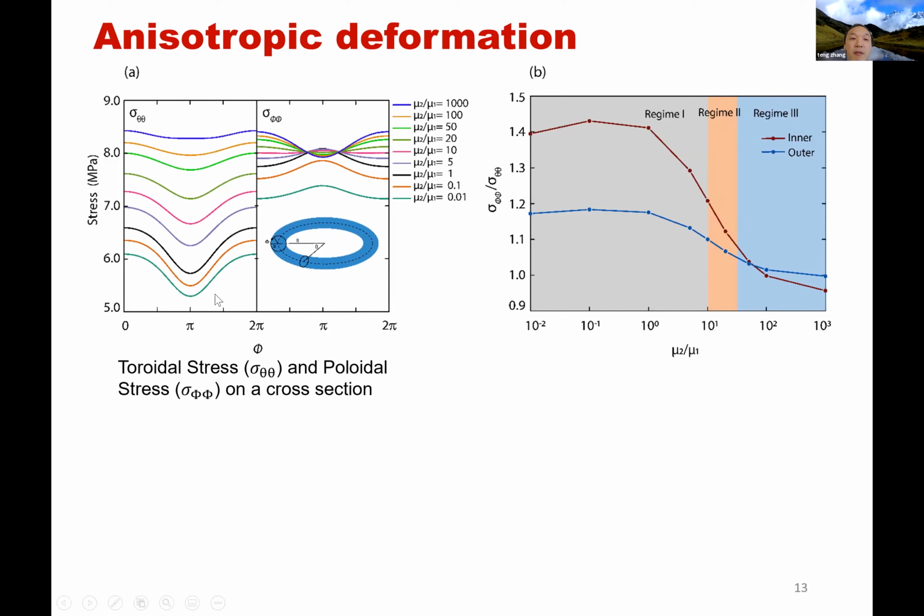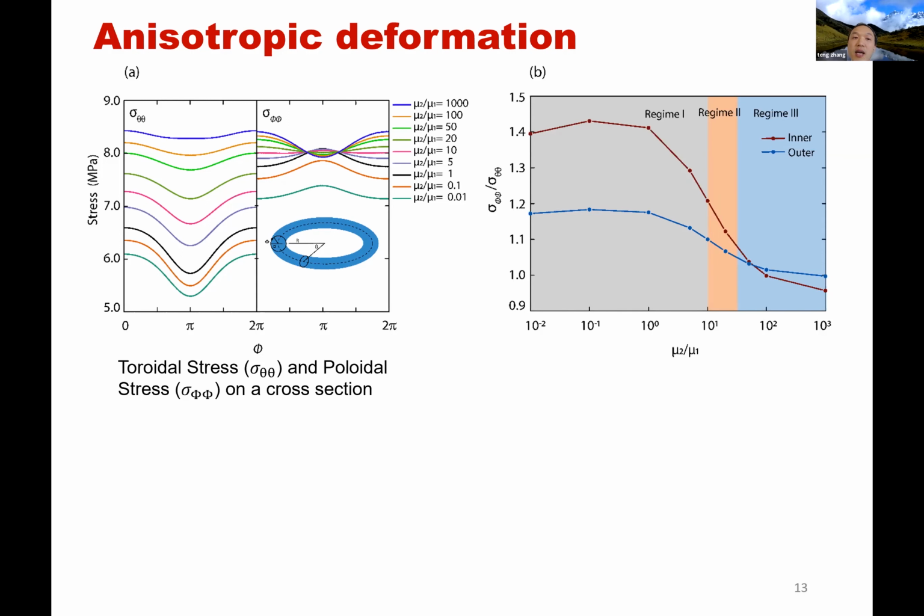And if you see the bottom, the green curve, when your core is very soft, mu2 over mu1 is only 0.01, you now see a reversed case. Sigma theta theta, the long axial direction, is much smaller than sigma phi phi, the circumferential direction, and the ratio can be as large as 1.4.